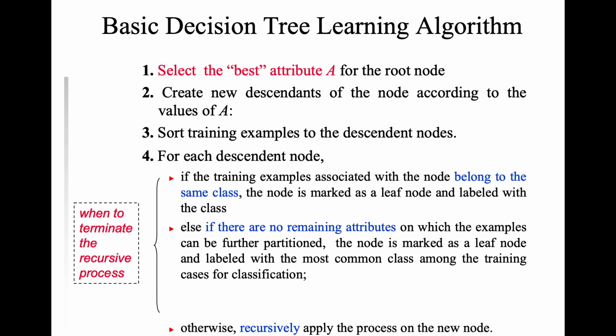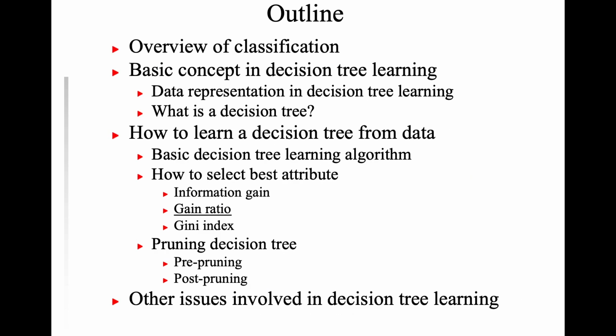One of them is when all the instances belong to the same class. The other one is when we finished all the tuples and there are no more instances to classify. When we have no more instances to classify, we declare that node as a leaf, and then what class label should be assigned to that node? The majority. Yeah. We look at the class labels and we put the majority there.